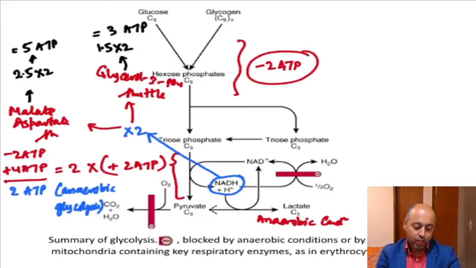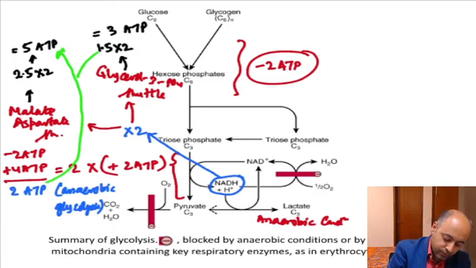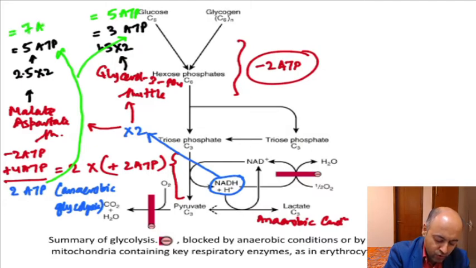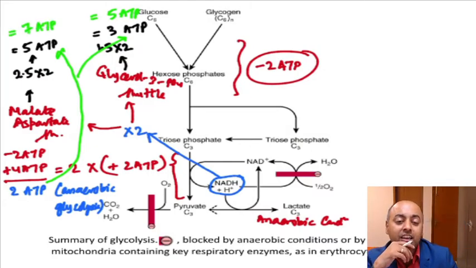To this you have to add this number. So depending on the shuttle which is used in aerobic glycolysis, you either get 5 or 7 ATP.